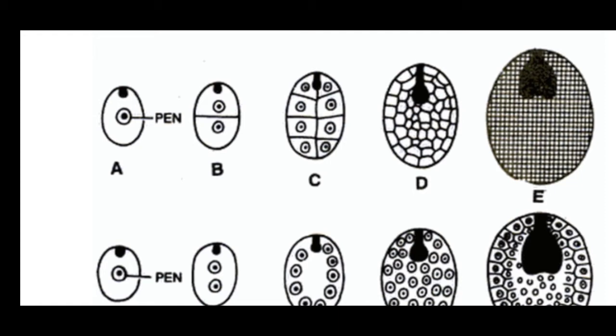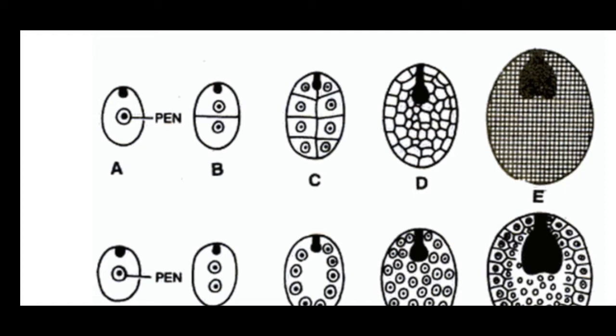In the first case we can see that it is dividing into two cells, and then those two cells again divide into multiple cells, 2 to 4, 4 to 8, like that it just keeps increasing. It is a simple mitotic division being carried out here, and it will entirely remain triploid throughout.